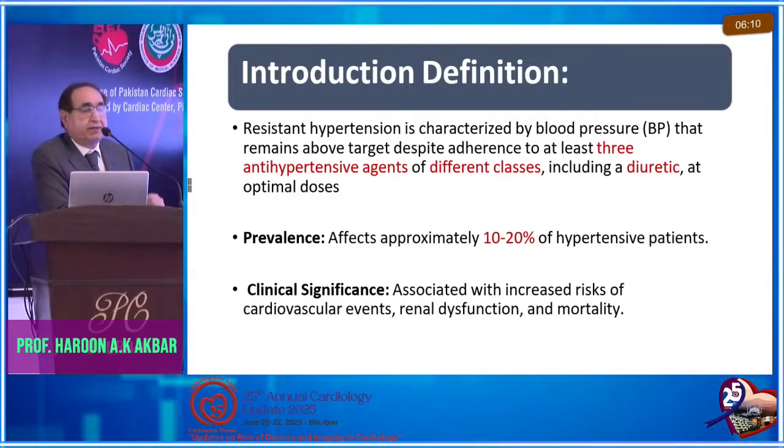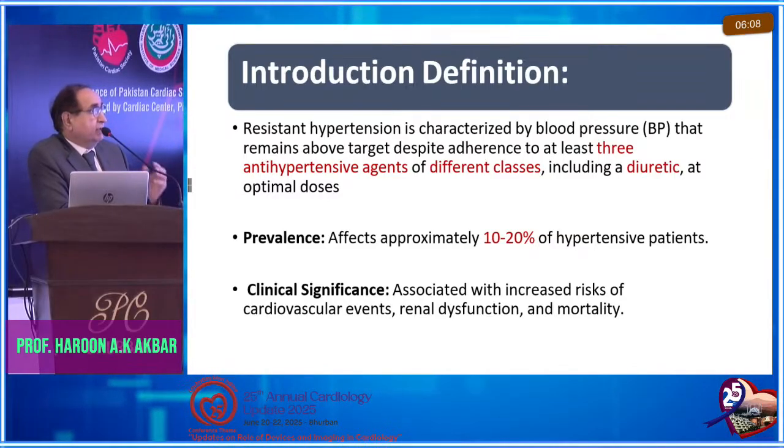Then we call it refractory hypertension. The prevalence is around 10 to 20% of the hypertensive patients we see with resistant hypertension. The clinical significance is an increased risk of cardiovascular events, renal dysfunction, and mortality.